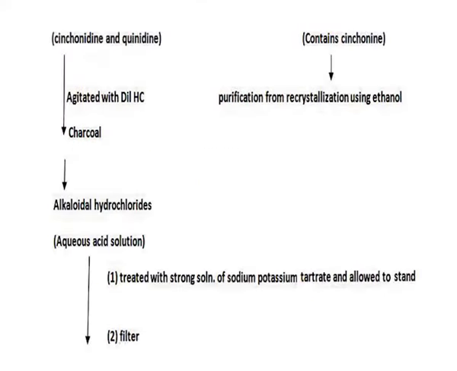This contains cinchonine. This on purification and distillation gives us the alkaloid. In this, charcoal is used for decolorization purpose. In the more soluble ether portion, cinchonidine and quinidine are present.